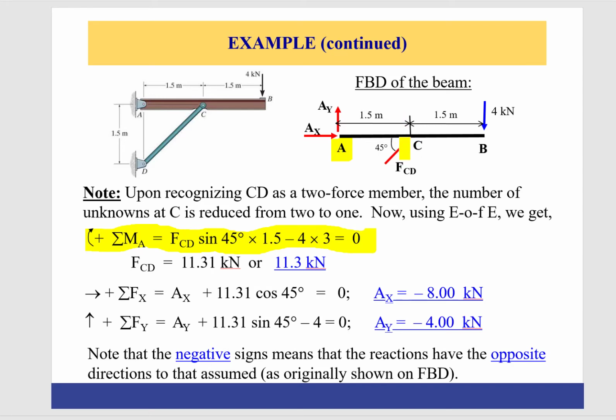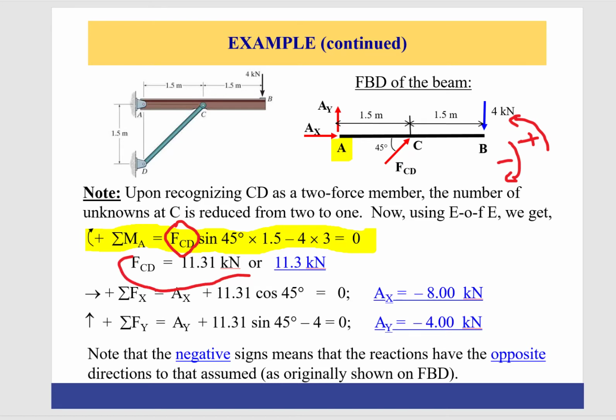So counterclockwise is positive and clockwise is negative. The 4 force is multiplied by the total distance 3. That's going to give us the moment about A. And from that we have one unknown to calculate.